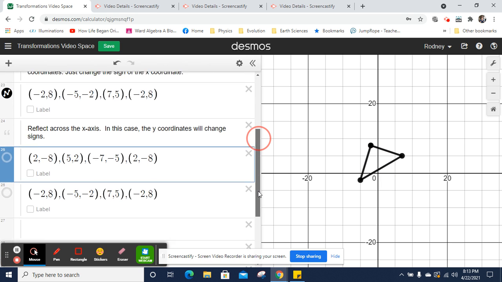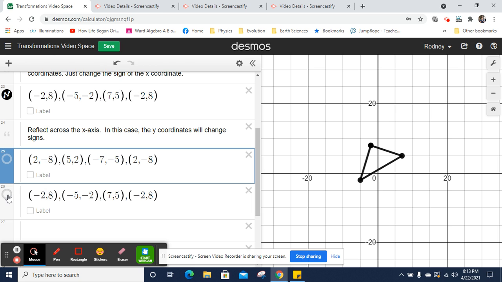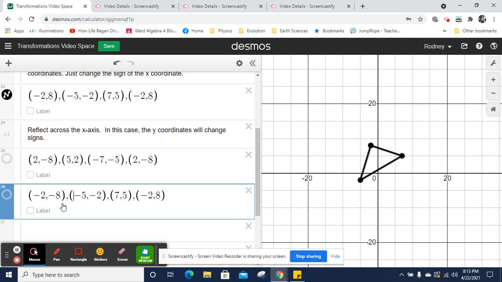This is my image. I'm going to reflect it across the x-axis. So the y value's sign has to change again. 8 becomes -8, and -2 becomes +2, 5 becomes -5, and of course, let's turn that on, and you can see we have made a mirror image across the x-axis.